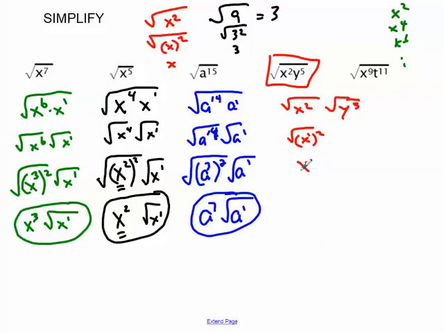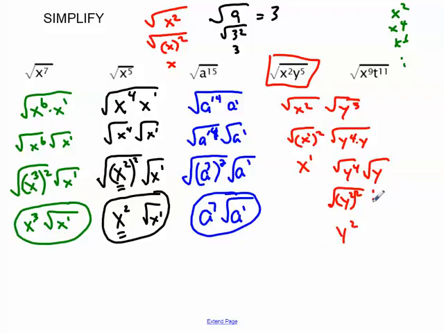I got x right there to the first power. Square root of y to the 5th is square root of y to the 4th times square root of y. Square root of y to the 4th is y squared squared. Square root of a perfect square means the base comes outside the house, y squared.